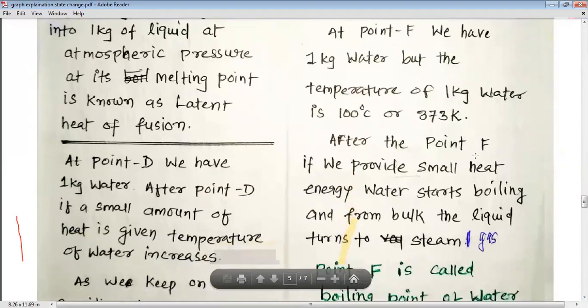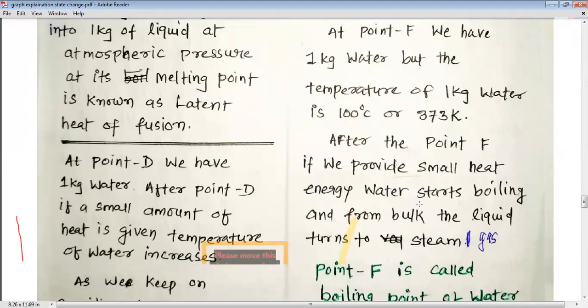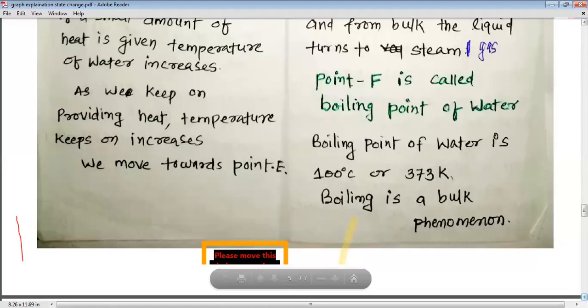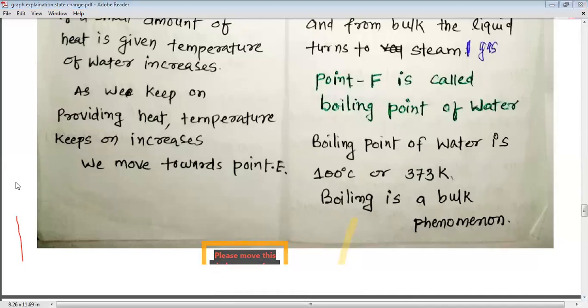After point F, if we provide a small heat energy, water starts boiling, and from the bulk of the liquid, the water turns to steam or gas. Point F is called the boiling point of water. The boiling point of water is 100 degrees centigrade or 373 Kelvin, my dear students. So this is how we understand point F.